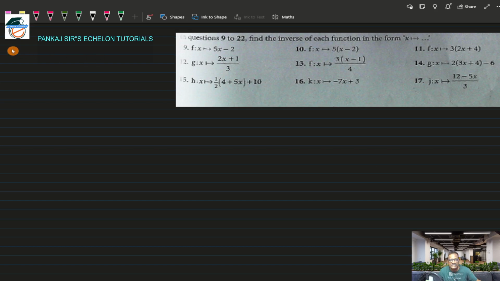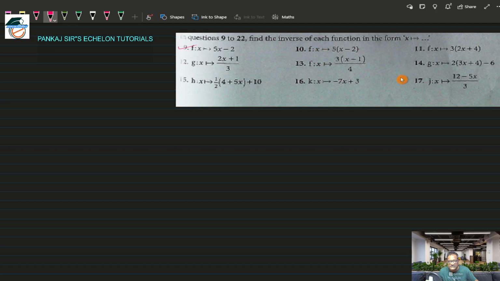So question number 9. Here they have mentioned questions number 9 to 22. In all these questions, find the inverse of each of the following functions.